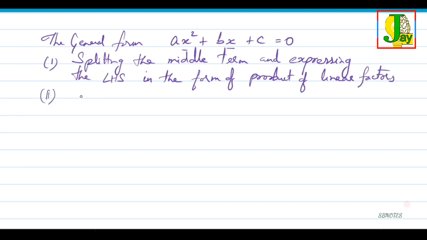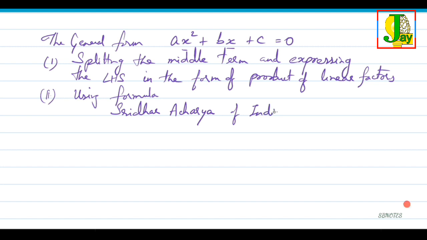And the other way is using the formula given by Sridhar Acharya of India, and the formula is x equals minus b plus minus root over D by 2a.